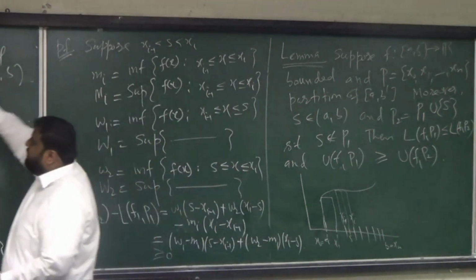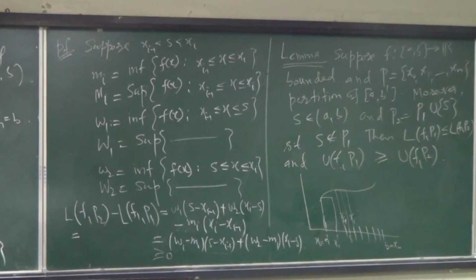How about the second part? In other words, instead of taking infimums, take suprema and take the differences of the upper sums: U(f,P1) minus U(f,P2).